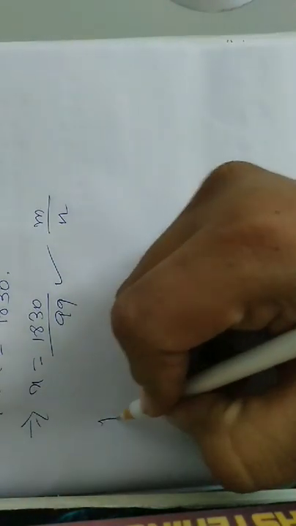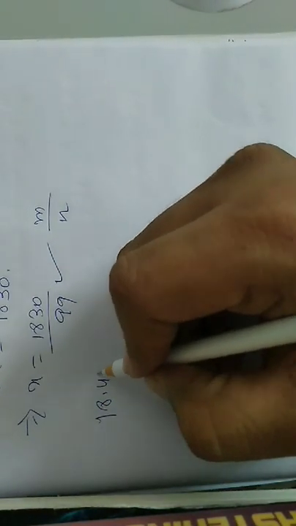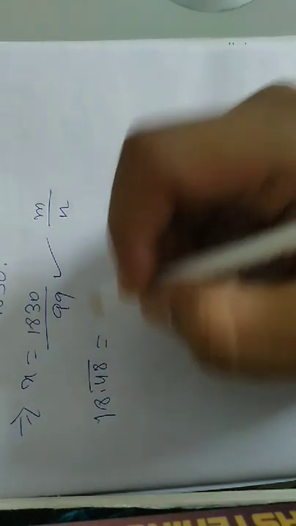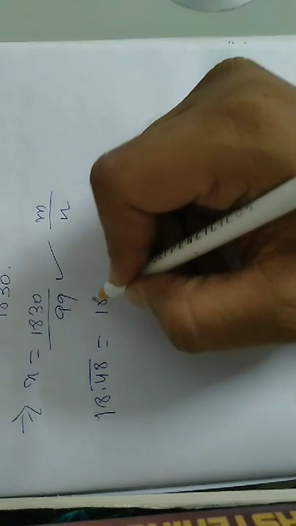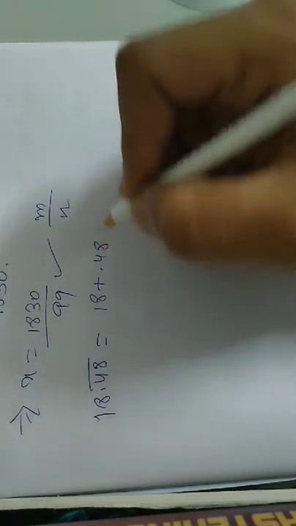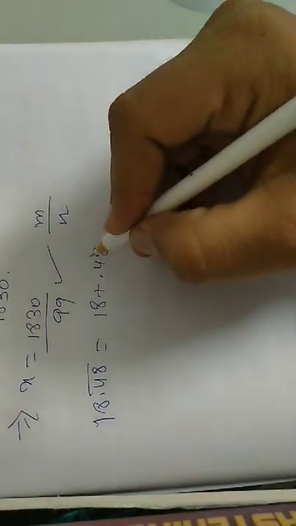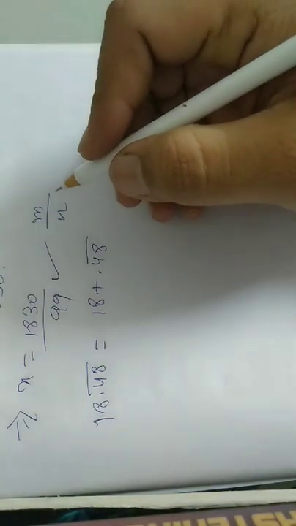That value we had, 18.48 bar, is equal to 18 plus 0.48 bar.